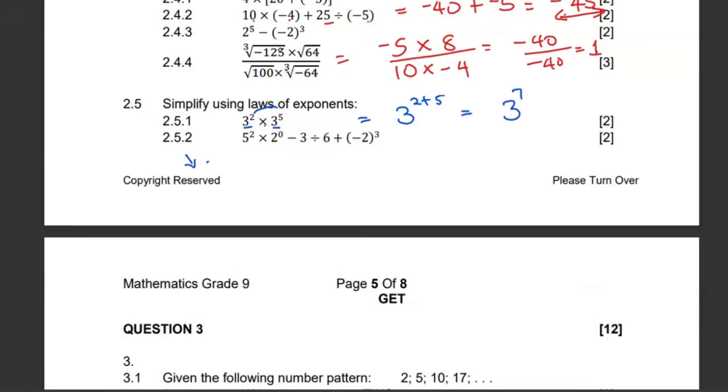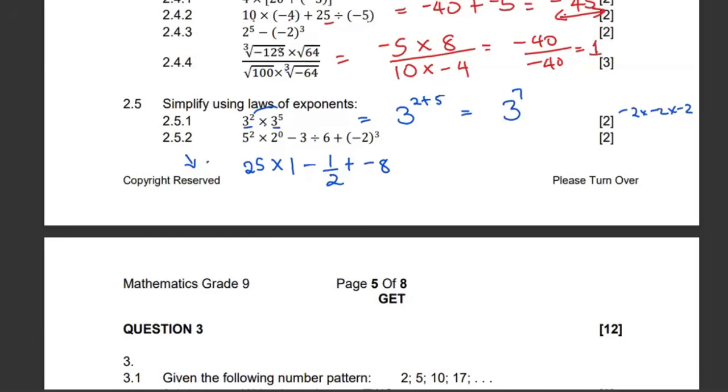Then 2.5.2, we know that 5 squared is going to be a 25. Anything to the exponent of 0 will be a 1. I'm subtracting 3 divided by 6 will be a half. And then plus negative 2 cubed is negative 2 times negative 2 times negative 2, which gives us negative 8.